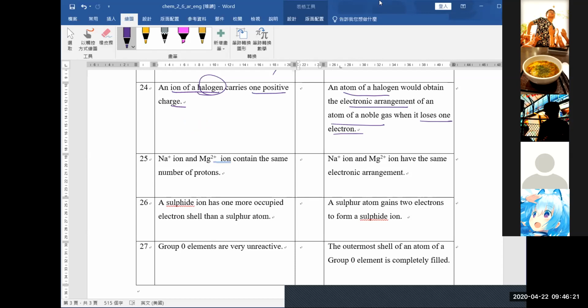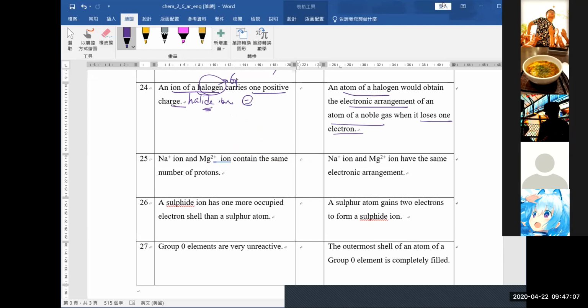A, B, C, or D? Ion of halogen, we will describe it as halide, not halogen ion, right? Halide, IDE. It is something negative, right?